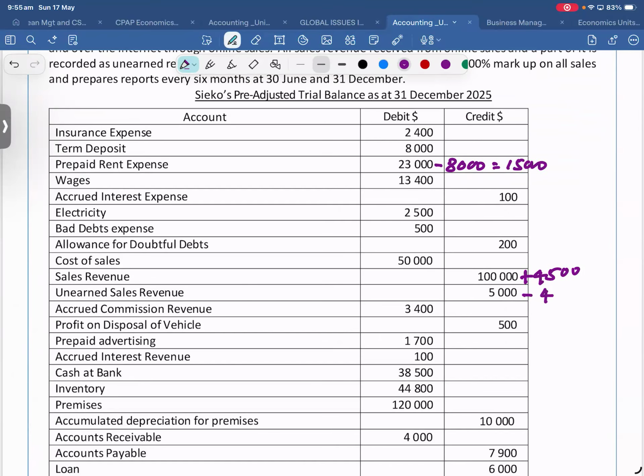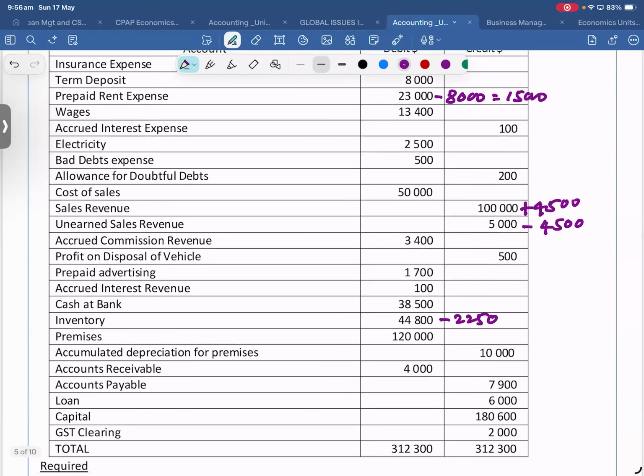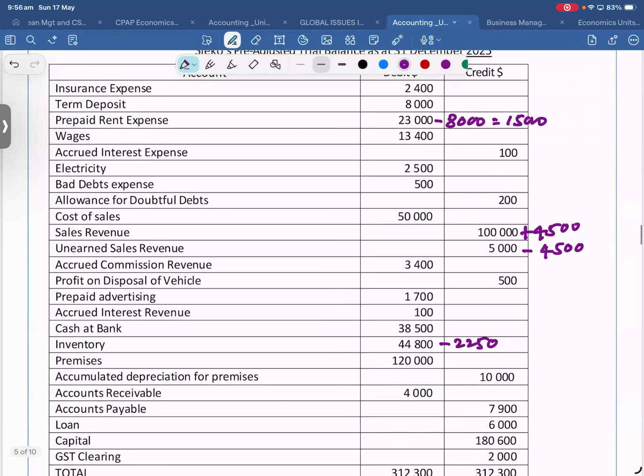And the other one is cost of sales plus 2,250. The things that we have done, let's tick them. Right, this is done.